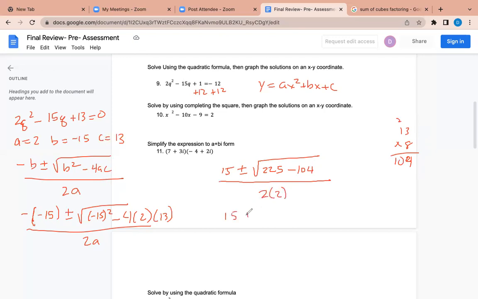So it'll be 15 plus or minus the square root of 121.